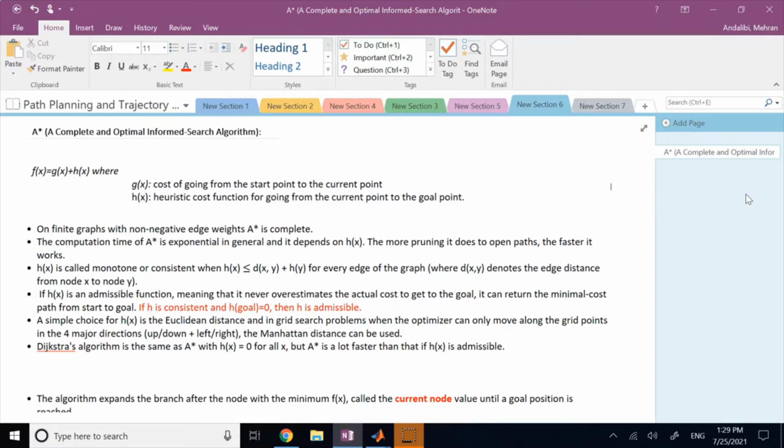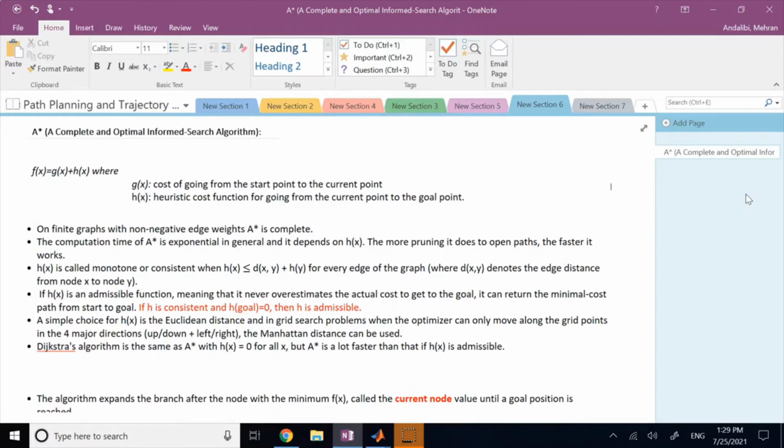So now, what is this function? So this function has two parts, g and h. So your cost function that you are trying to minimize, and it's the cost going from one point to the next point, has two subfunctions, g and h. G is the cost that you calculate from the start point to the current location.